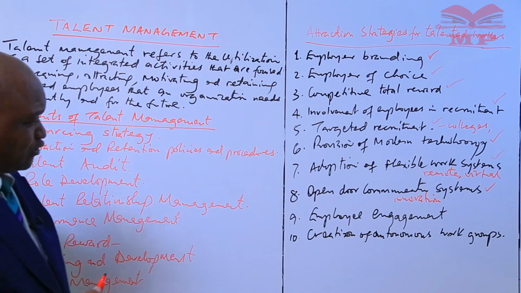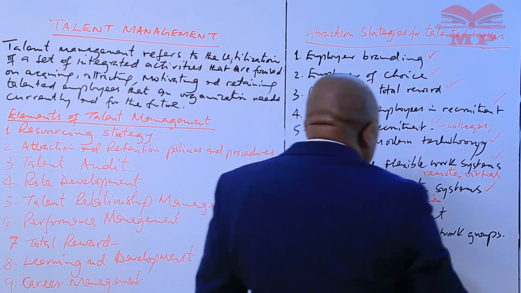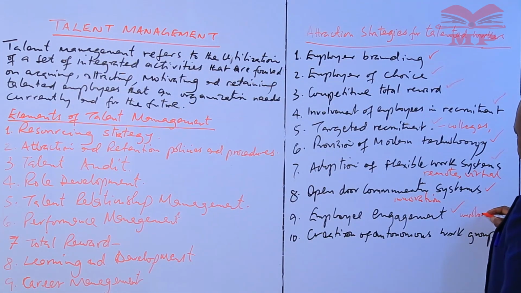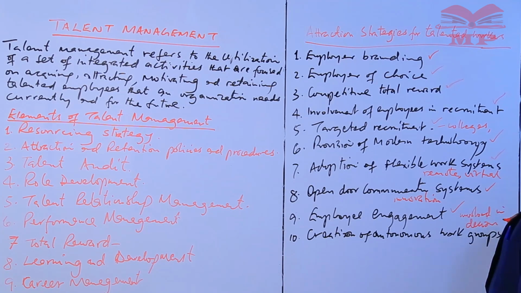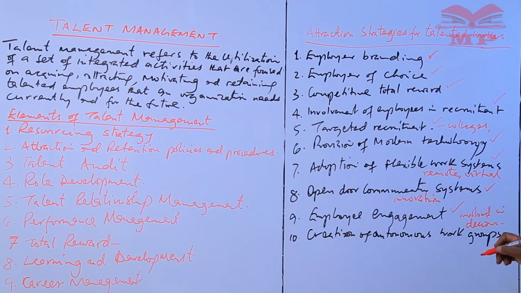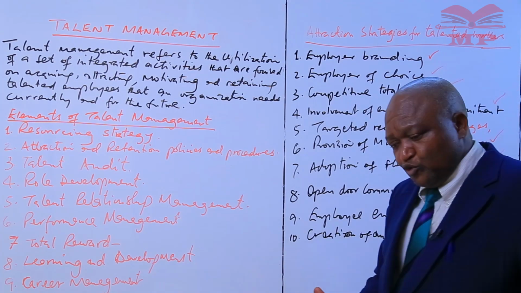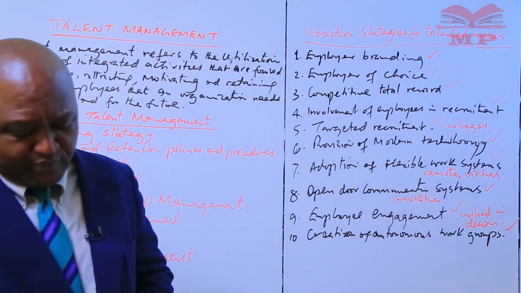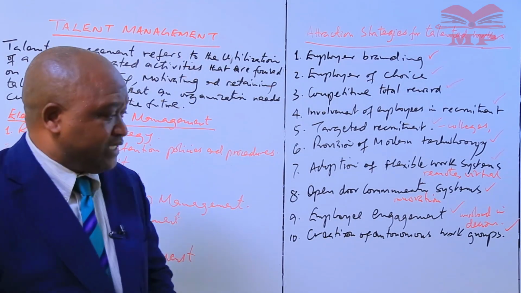An organization can also ensure employees are highly engaged and also involved in decision making. So that again becomes an attraction point. And number 10, creation of autonomous work groups, where authority is delegated to those particular groups or teams that can be able to work independently and so on.